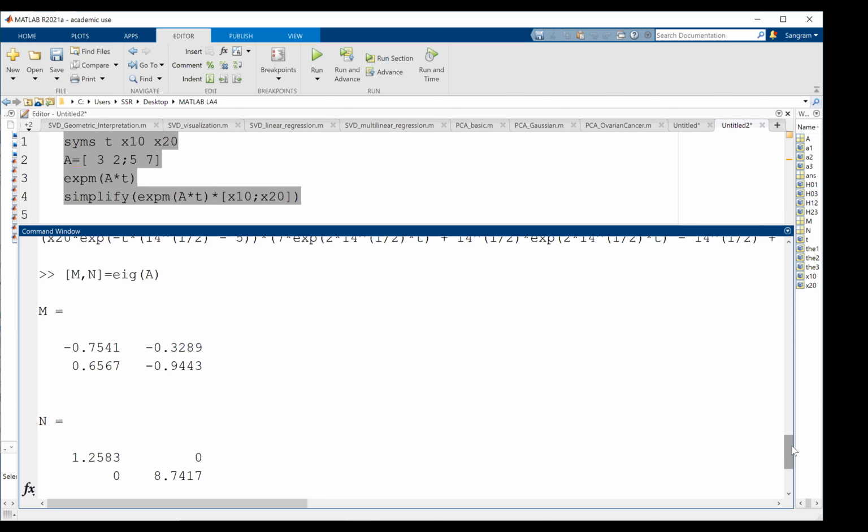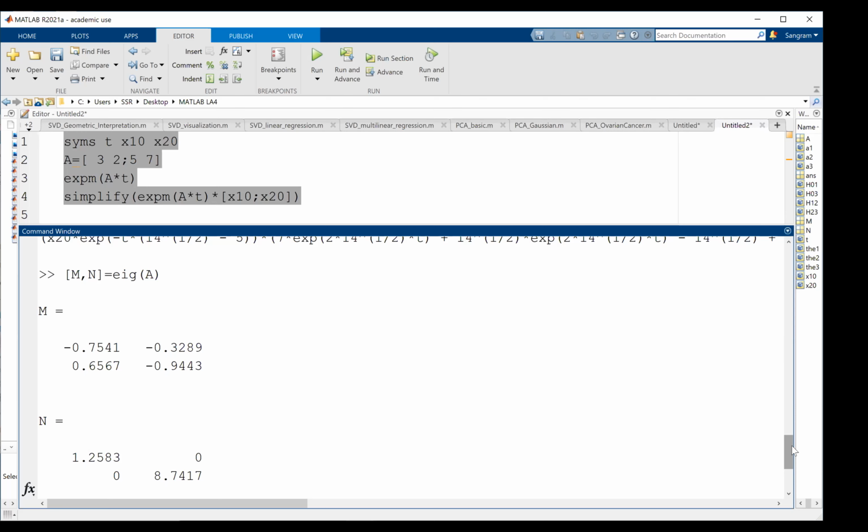And remember, if you think about it, this matrix, do you agree with me that this matrix is not positive definite? This matrix is not symmetric, right?